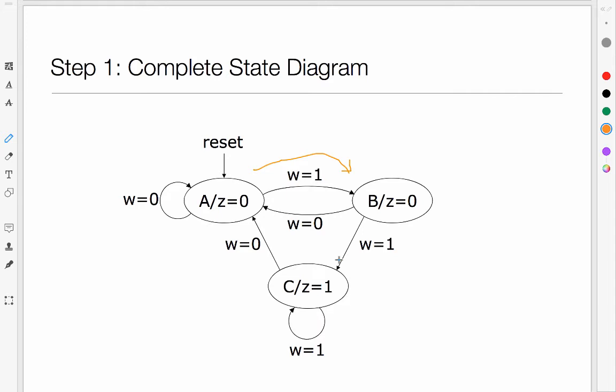I've seen at least 2 ones in a row since the last 0. So I start outputting 1, and I keep spinning there if I get more 1s, because then the condition that the preceding 2 inputs were 1 continues to remain true. And the moment I get a 0, I go back to A.